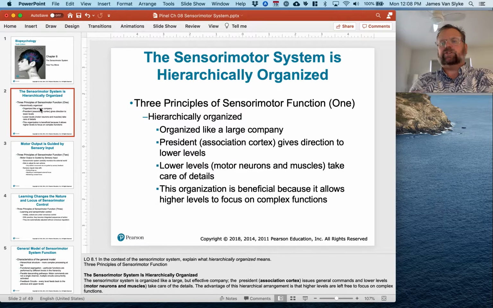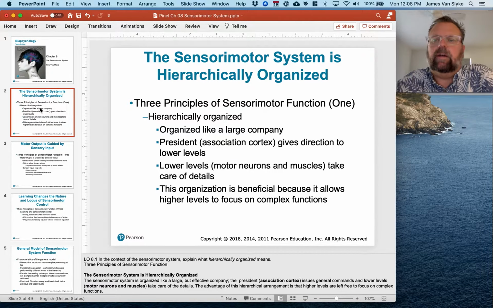So if you think about a certain kind of athlete, say a pro athlete like LeBron James, who he and the Lakers just won the latest NBA championship. He is someone who is very smart with the ball, meaning that he uses his association cortex to think about and strategize what he's going to be doing on the basketball court, who he's going to be passing to, when he should take a pass, or when he should take a shot.